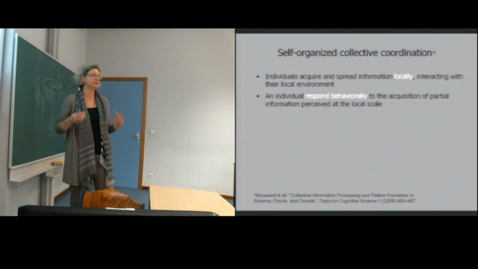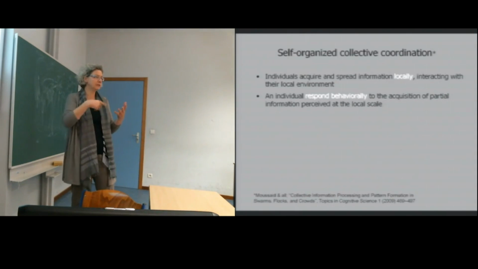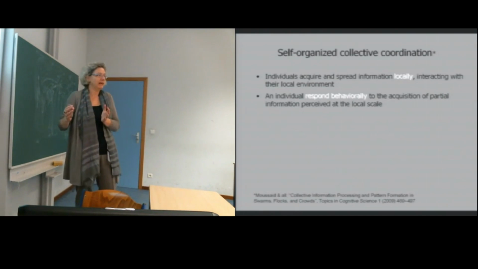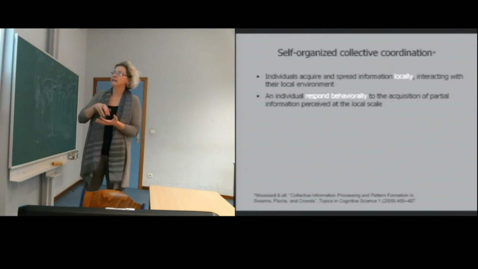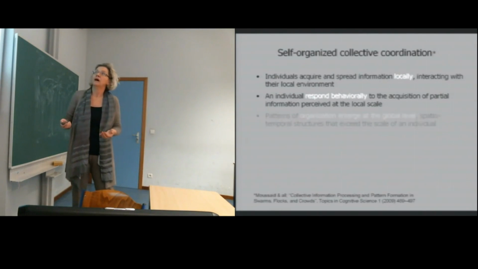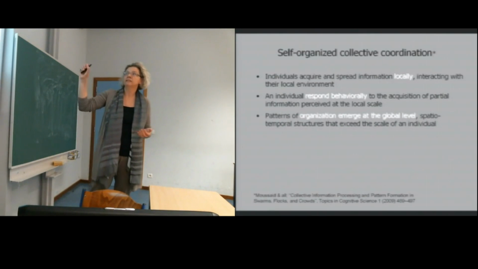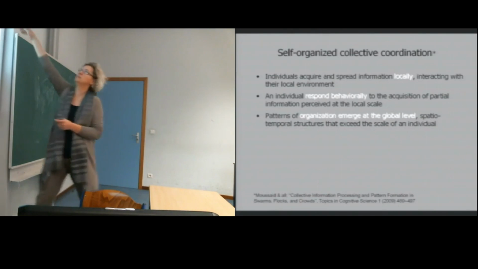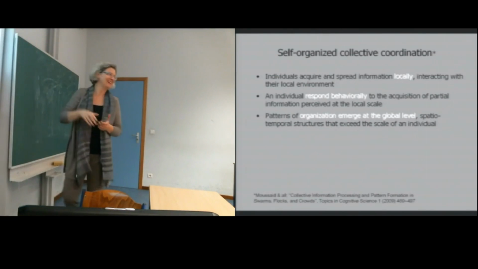You can think of a bird in a flock. He is reading his neighbors and he is spreading his impact on the neighbors. An individual responds by behavior to the local information, and patterns emerge at the global level, which is where there is the mystical gap.